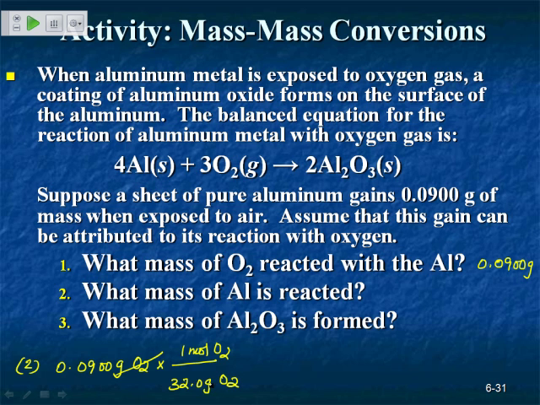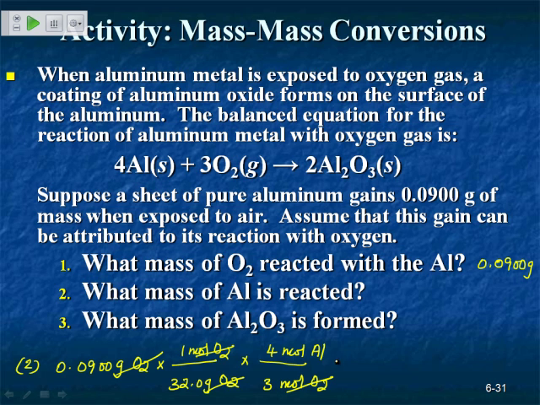Yes, that would give me moles of O2. Now I will use my mole ratio. What is the mole ratio I should use? I am looking for the mass of aluminum: 4 moles of aluminum over 3 moles of O2, the mole ratio between aluminum and oxygen.